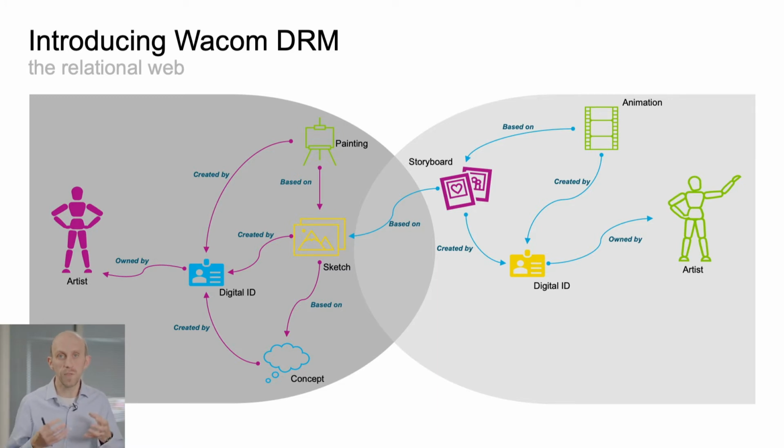This concept of a secure relational web connecting the pieces together is the very heart of the Wacom DRM system. At a conceptual level, each entity or node in the web has a unique ID. This ID points to a publicly accessible metadata document that contains details of the entity, including the links to other entities that the document is related to. This document is also digitally signed to ensure the integrity of the data within the document.